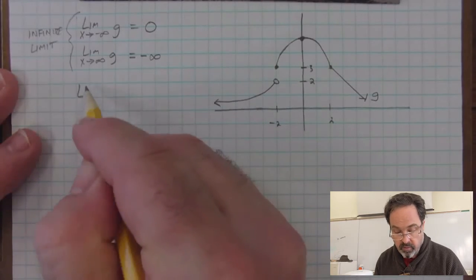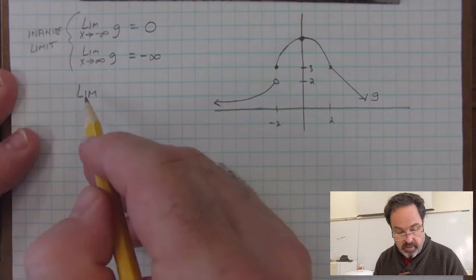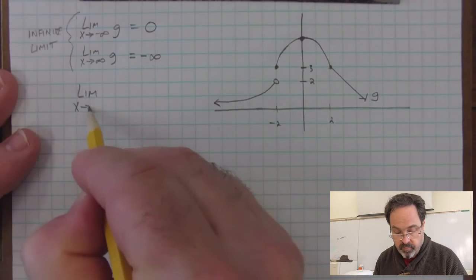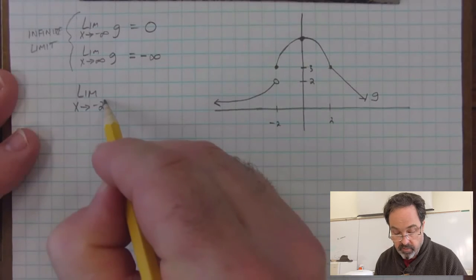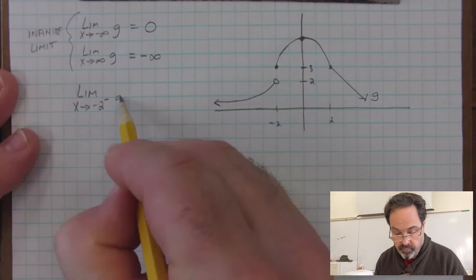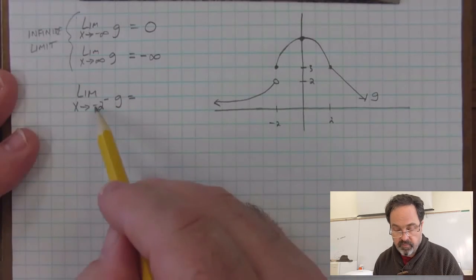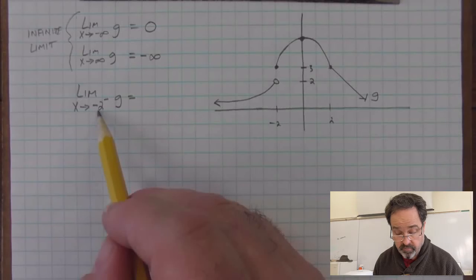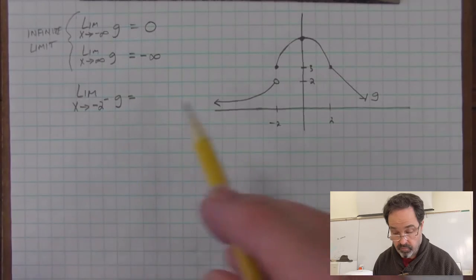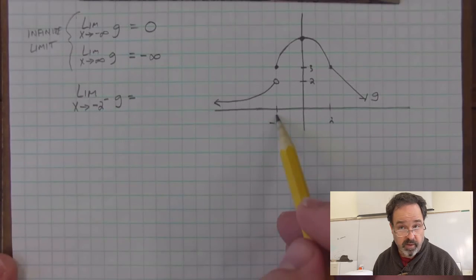The next limits are going to be one-sided. The limit as x approaches -2 from the left of g. Notice that there are two uses in this notation of the negative sign. One to suggest that we're talking about -2, this location in the domain.